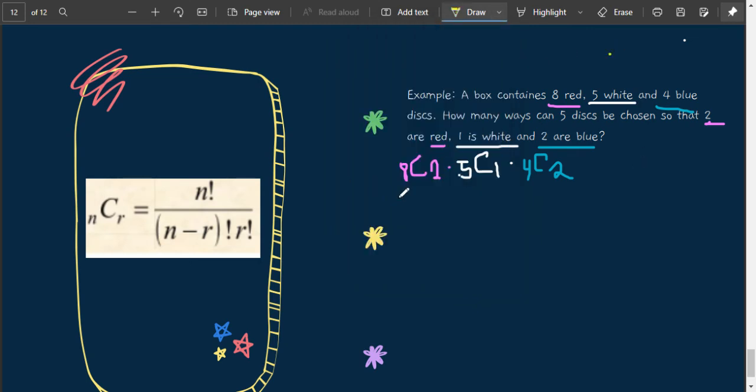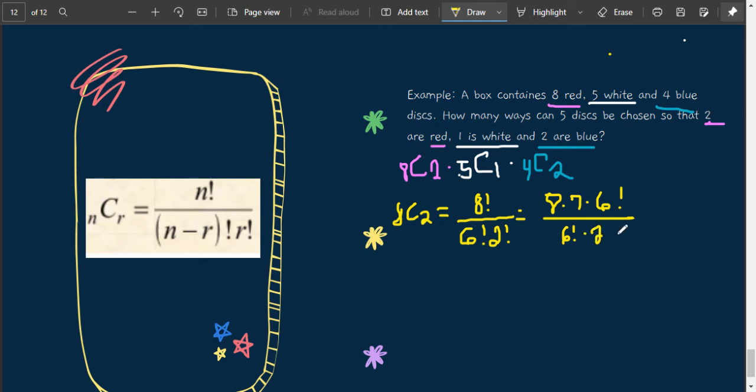Yan. So, ang 8C2, diretso na natin ulit yan ha. 8C2 is equal to, ang 8 ay mas malaki, so siya yung nasa numerator, divided by 8 minus 2 is 6 factorial, tapos 2 factorial. Kasi yun yung mas mababa. Equals, hanggang saan mo lang i-expand ng 8 factorial? Hanggang 6 factorial na, kasi siya yung pinaka sa baba. So, 8 times 7 times 6 factorial over 6 factorial times 2 times 1.